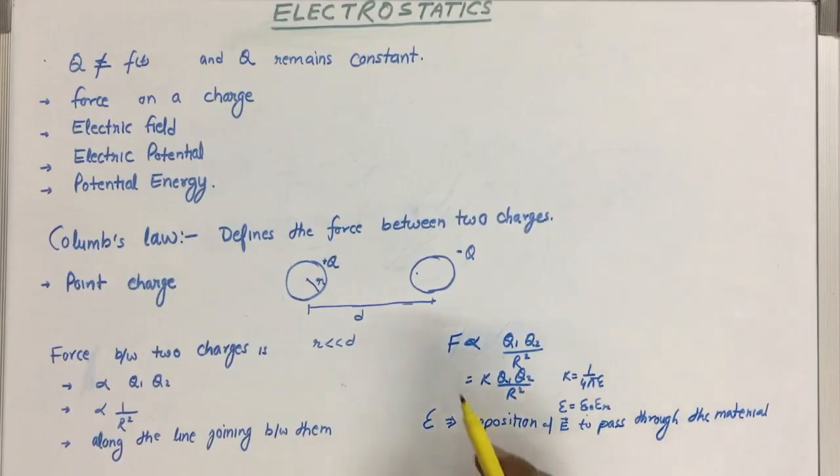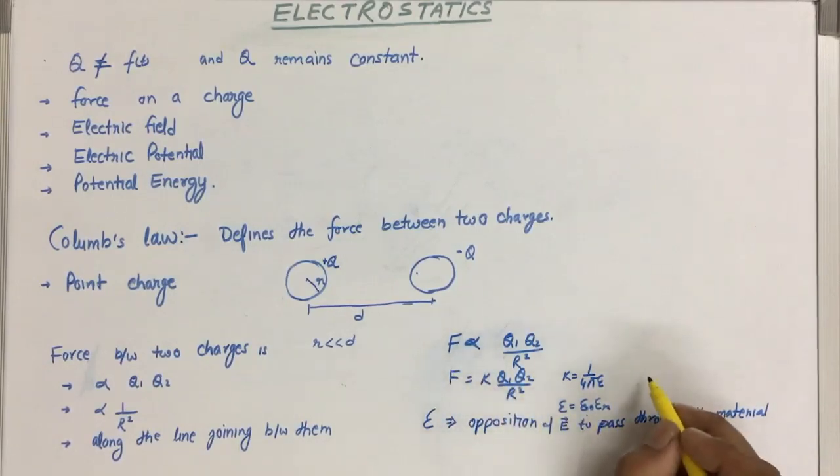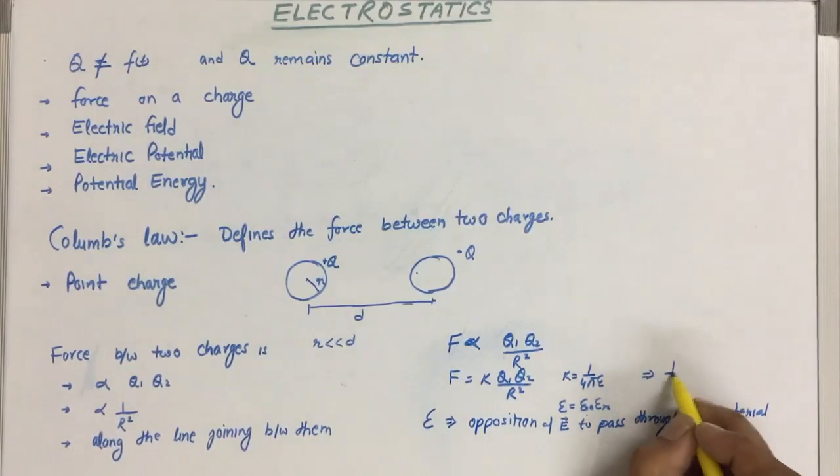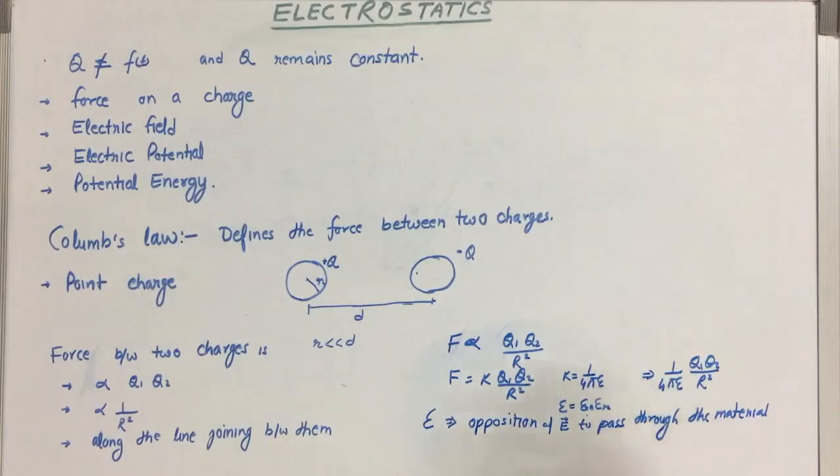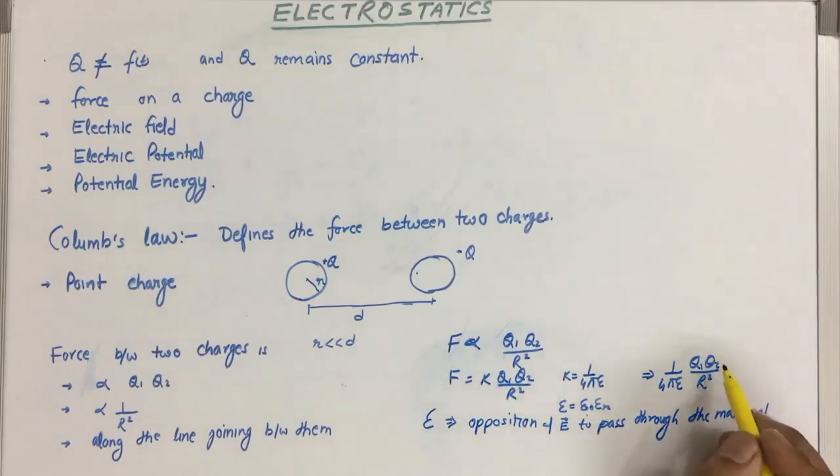So in this way, according to Coulomb's law, force can be written as 1 by 4 pi epsilon, the multiplication of the charges q1 q2 divided by the square of the distance between them, where epsilon is the ability to oppose the electric field to pass through it. What can we find from here?